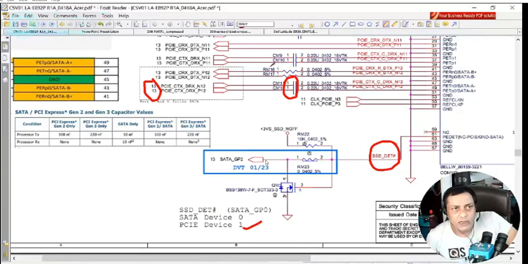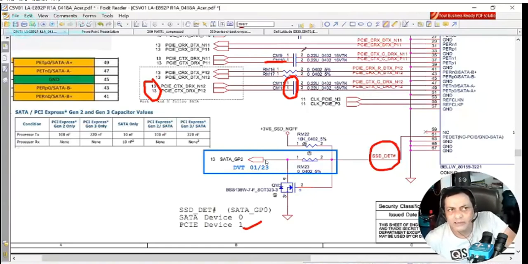So current will pass from this area to this area very smoothly. And if there is no capacitor or the capacitor is open, the communication cannot go across this capacitor. That is why your device is not detected, or your hard drive is not detected, and any type of issue could take place.